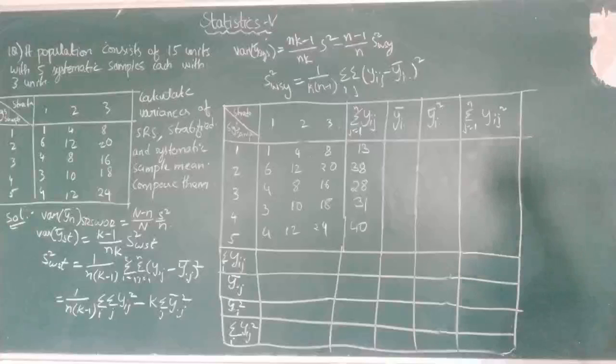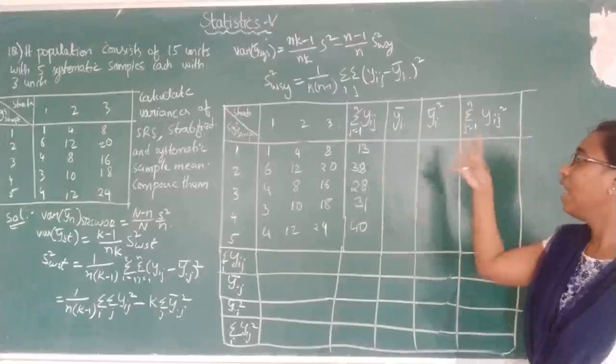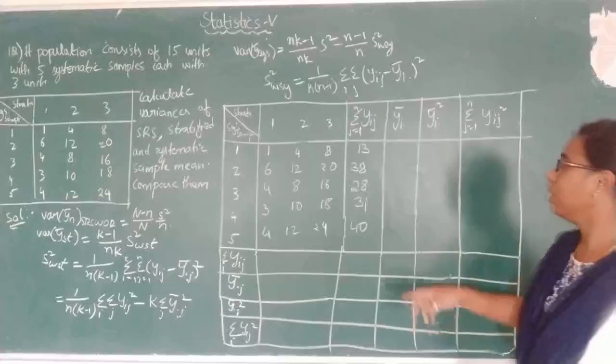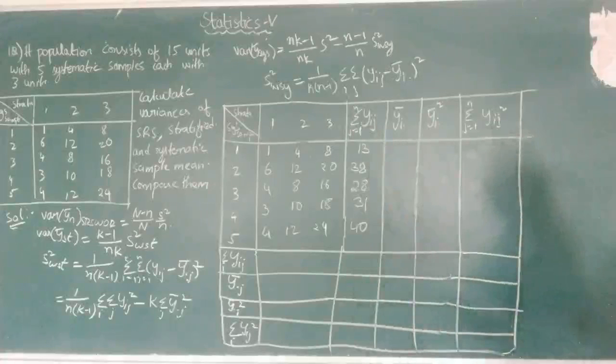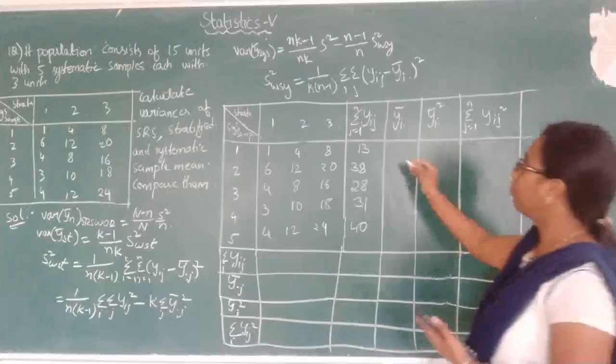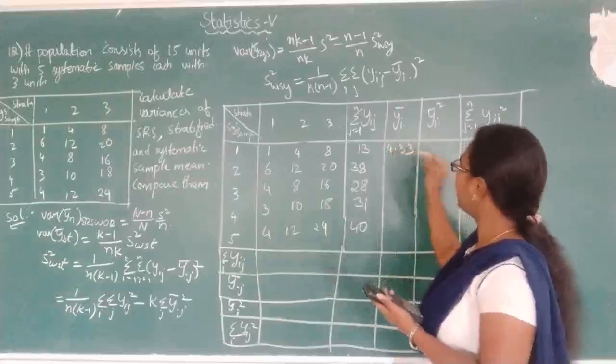Now you want the Yi dot bar, the mean of the ith systematic sample. So we got summation Yij 13. That 13 divided by how many values we have in the systematic sampling? 3 values. So 13 divided by 3, you will be getting 4.33.